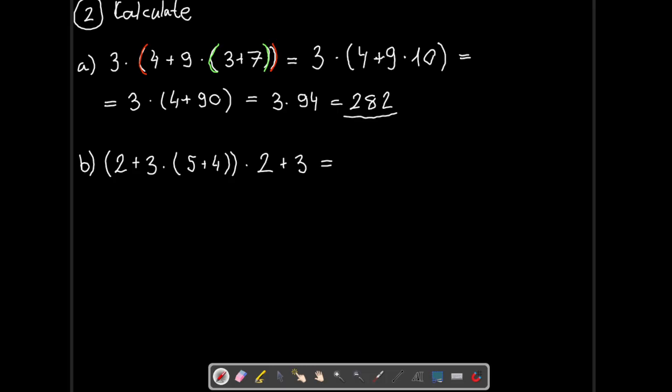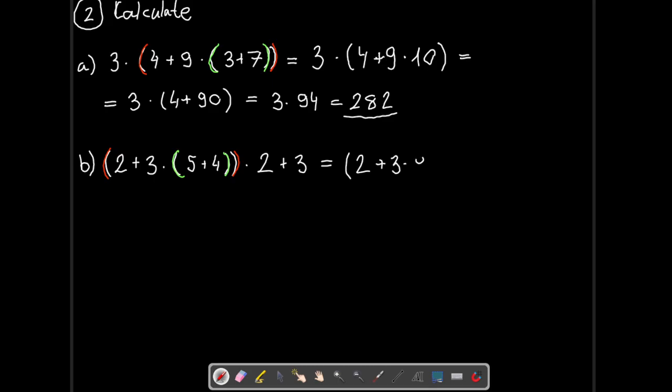So we have brackets here, and then we have multiplication and addition, so we need to solve what's inside brackets first, and what's inside this bracket is addition, multiplication, and brackets, so we need to solve the inner bracket first. Now, inside the inner bracket, there is just addition, so let's add 5 and 4 together and copy everything else.